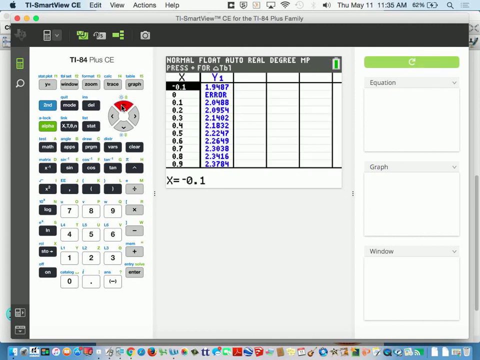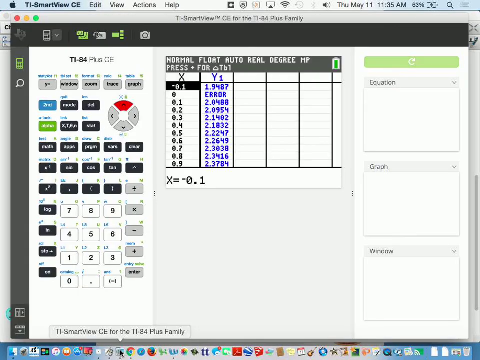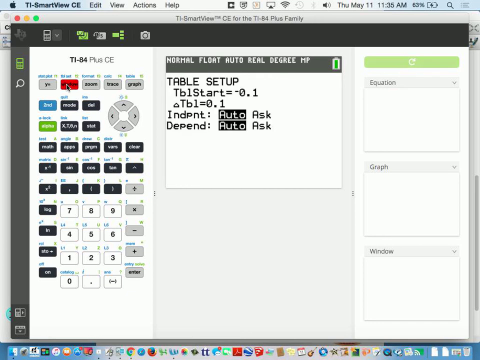So on either side I have 1.94 and 2.05. Sorry, this one didn't start with 0.1, it started with 0.01.